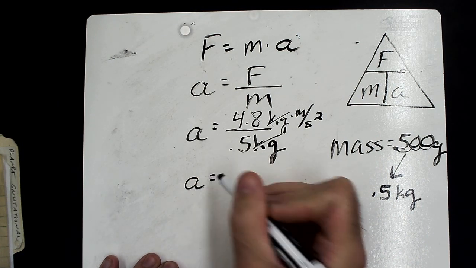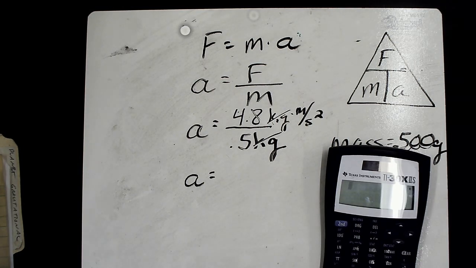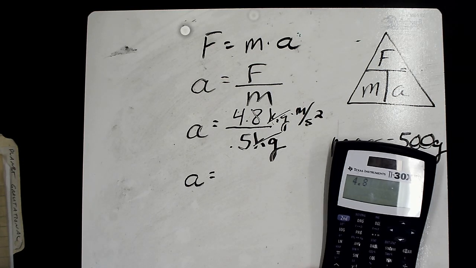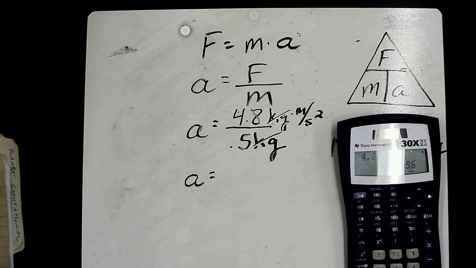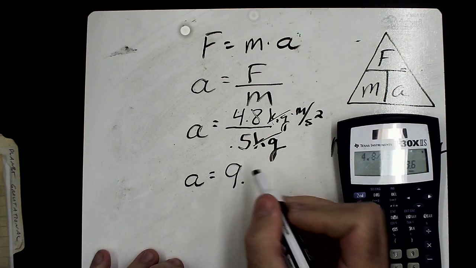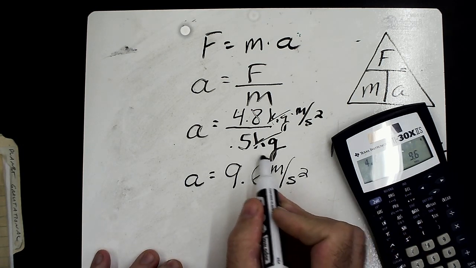Okay, so acceleration equals, and then I just bust out my calculator, which is over here. So I have my calculator. 4.8 divided by 0.5. I get 9.6. So I get 9.6 meters per second squared. Okay.